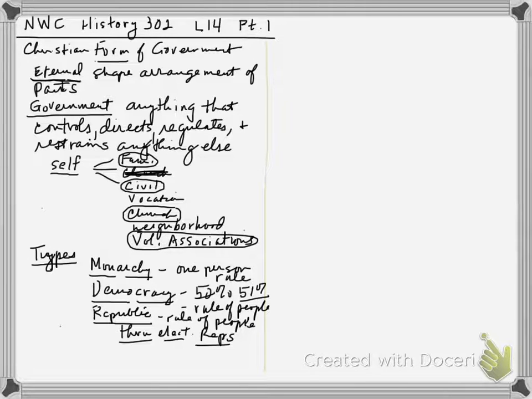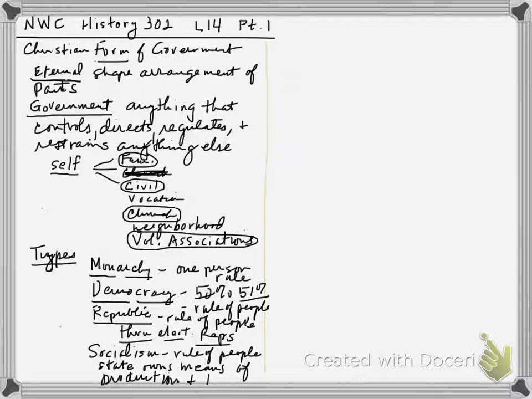Well, we also have a few other types that we could just mention. One is socialism. Now, socialism is also defined, it's close to a democracy. It says rule of the people, and the state owns all the means of production and distribution.